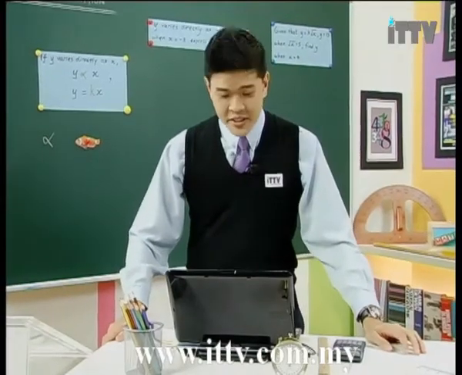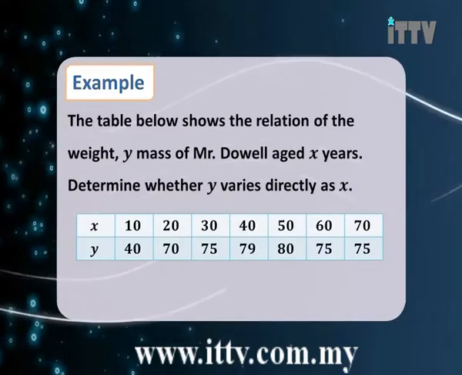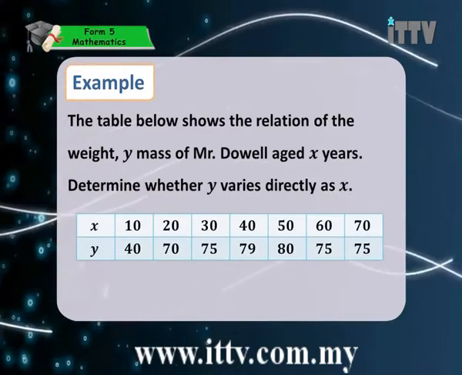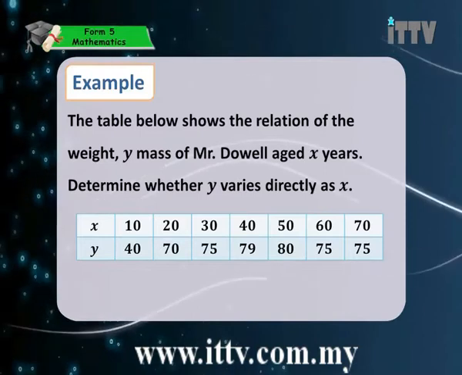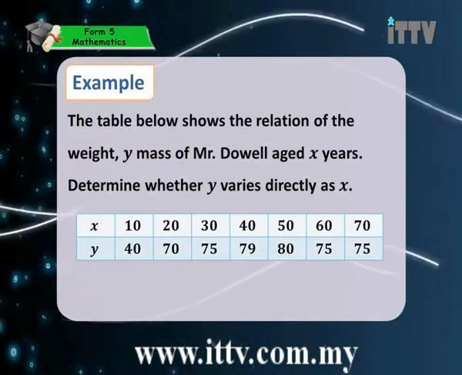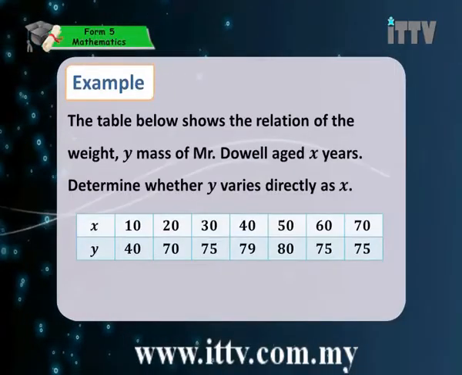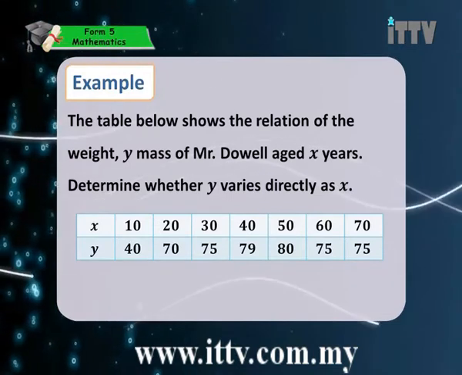Alright, let's take a look at this example. The table below shows the relation of the weight, y mass, of Mr. Dowell aged x years. Determine whether y varies directly as x. Let's take a look at the table. X represents the years, or the age, of Mr. Dowell, and y is mass.